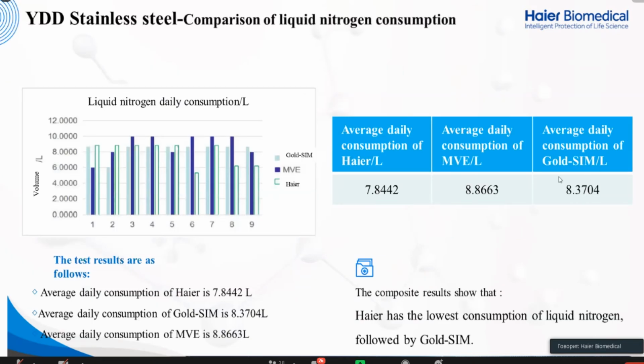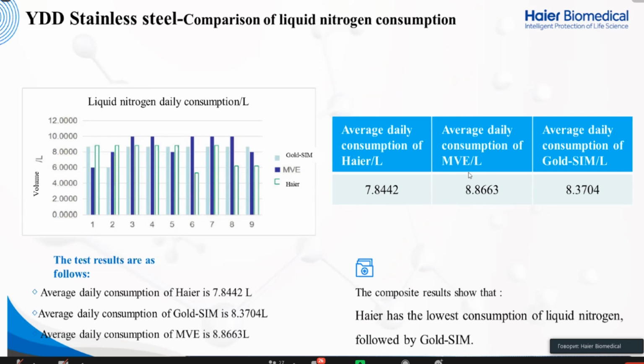The average daily consumption of the liquid nitrogen: you can check this data. You will know our YDD stainless steel liquid nitrogen tank, this model, the liquid nitrogen consumption is the lowest, only 7.8.